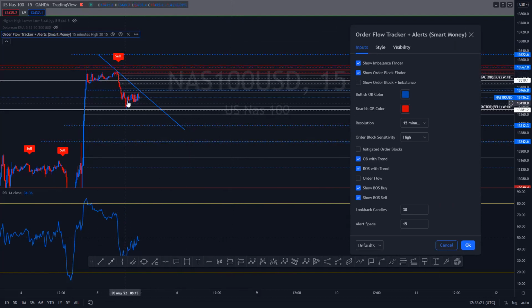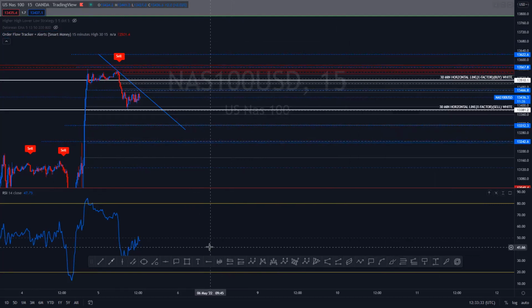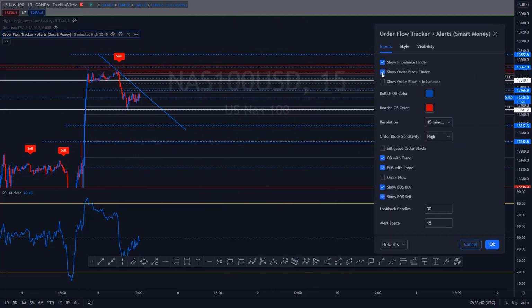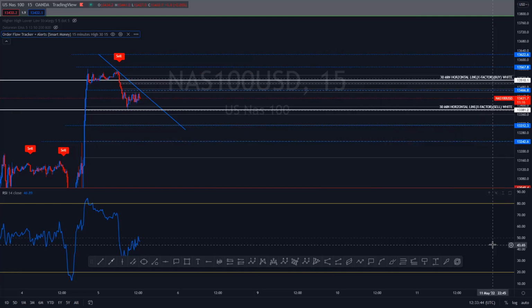That's what made price sell the first time. So when I see these order blocks, it lets me know that price may shoot up to mitigate this area, maybe go up a little bit, but it's probably going to sell it again and make price shoot on down. So now that I kind of see that, I'm possibly looking for NAS to drop today. But we will see at the 9:30 bell.